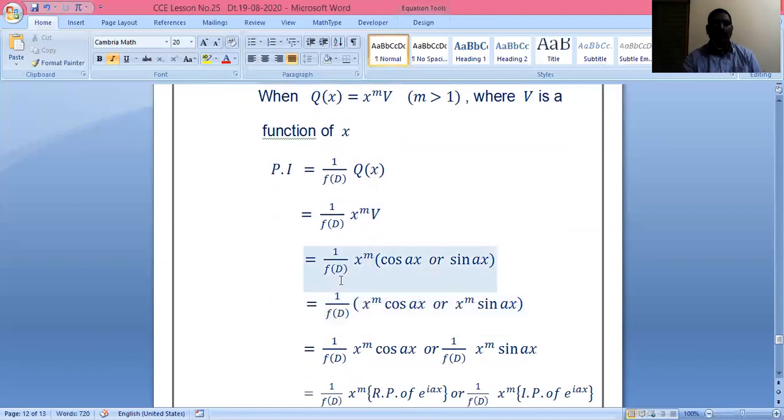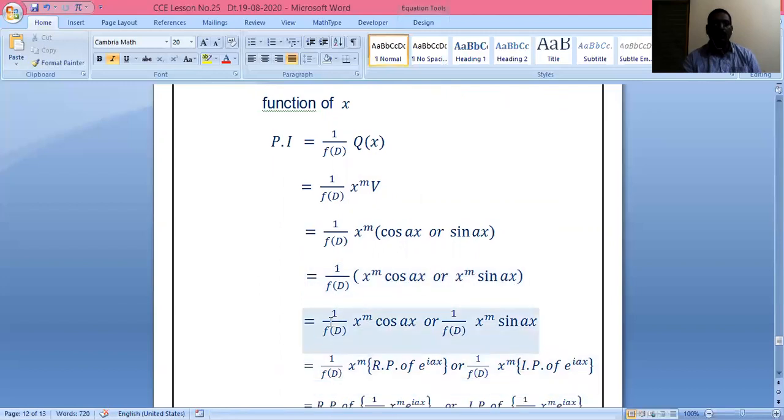That is equal to 1 by f of D into x to the power of m, where V is any of cos ax or sin ax. That is equal to 1 by f of D into x to the power of m into cos ax, or x to the power of m into sin ax.